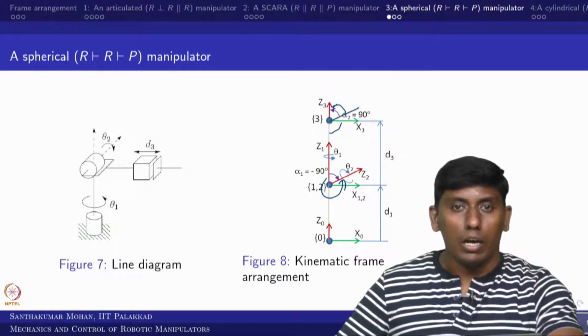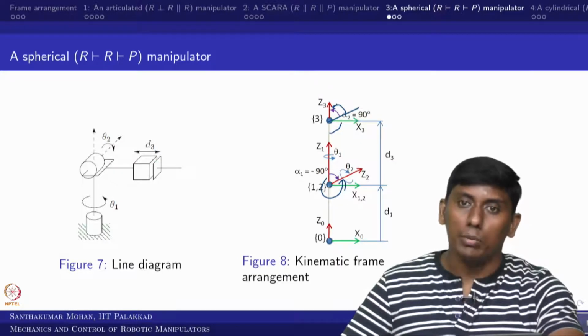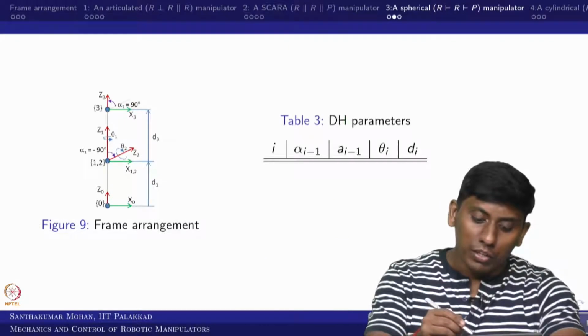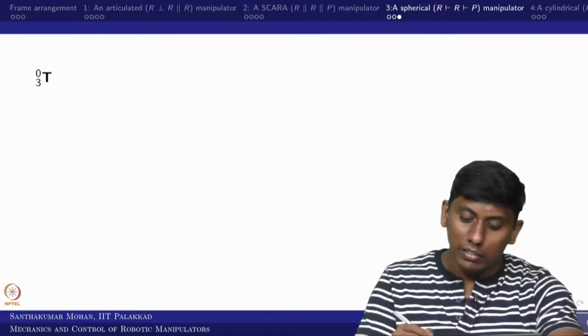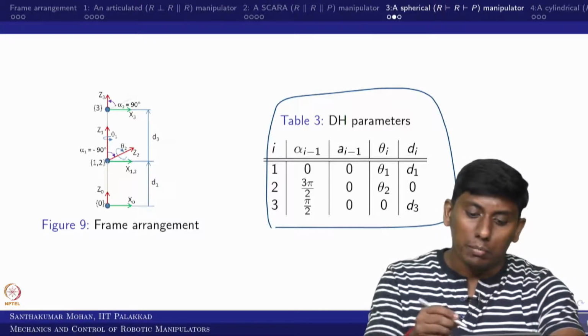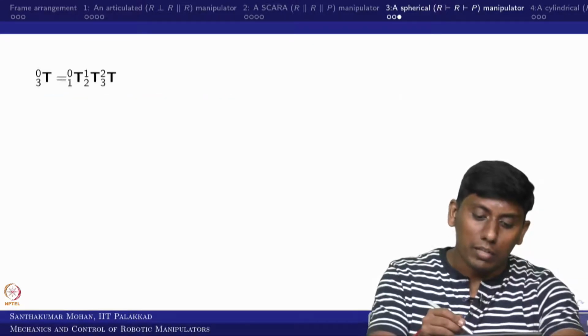Okay. Now we can cross check whether the DH parameters we obtained give the right result or not. For that, we first find the DH parameters. This is the way we have obtained them. Based on the obtained DH parameters, we can find the final transformation matrix.